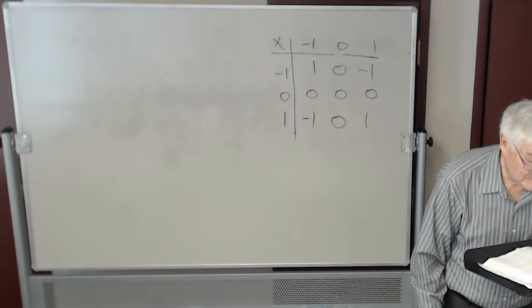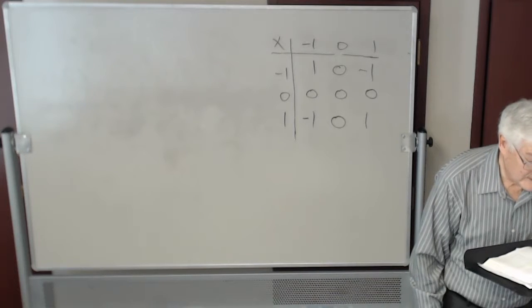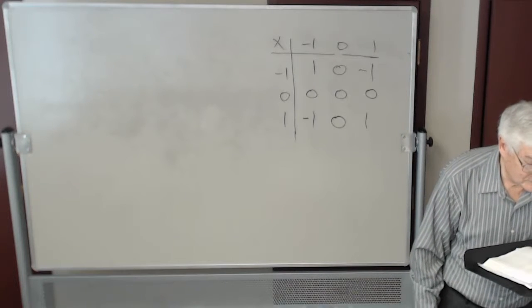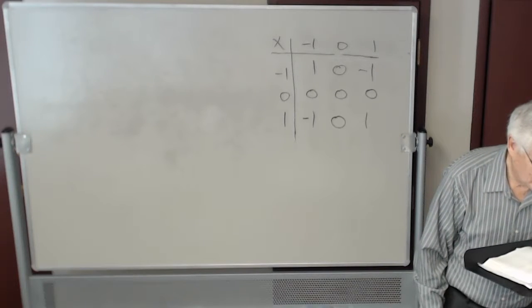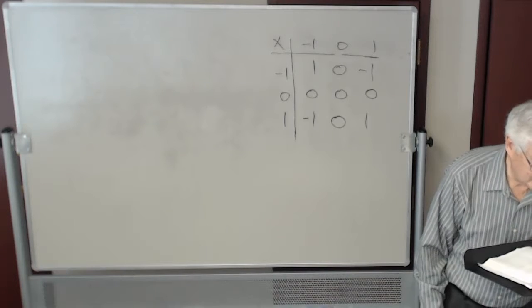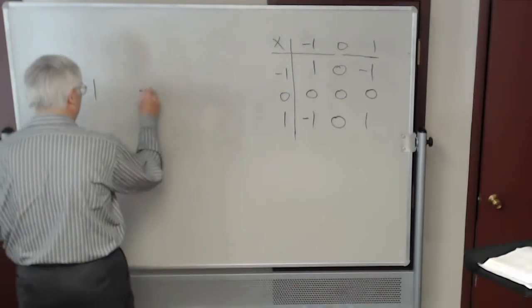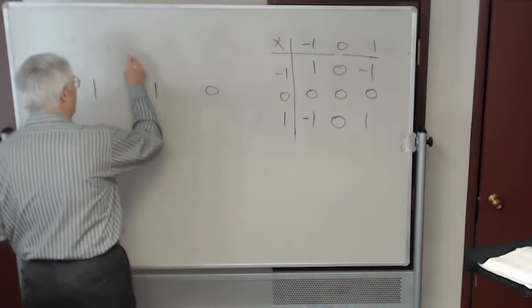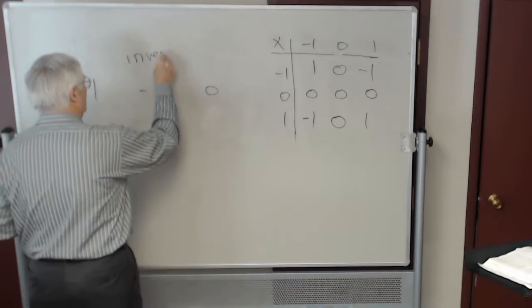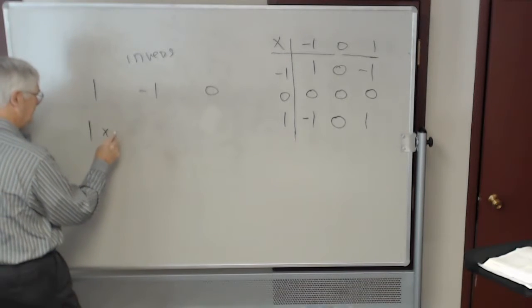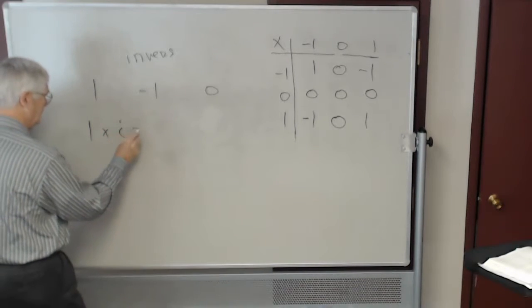For the set S in problem 22, under the operation of multiplication, find the inverse, if possible, for 1, -1, and 0. I want the inverse. What's the inverse? 1 times the inverse.